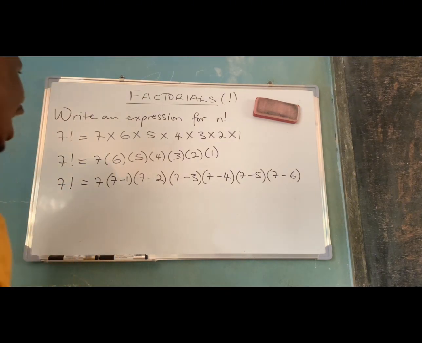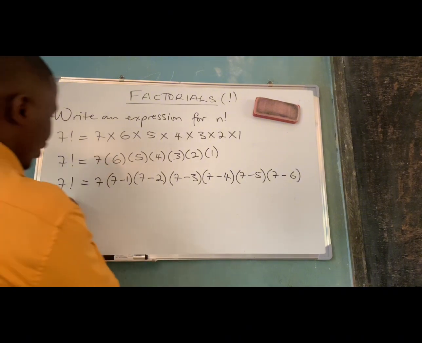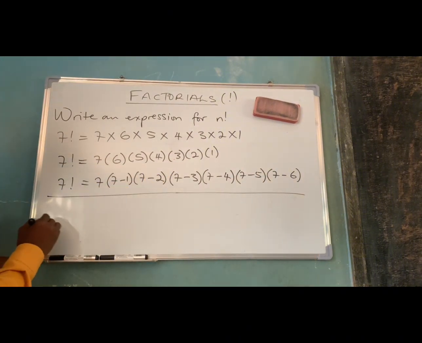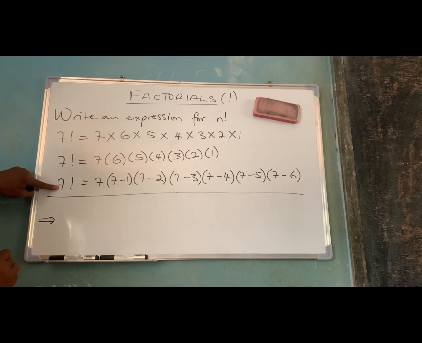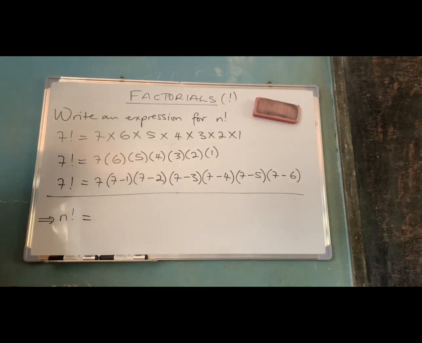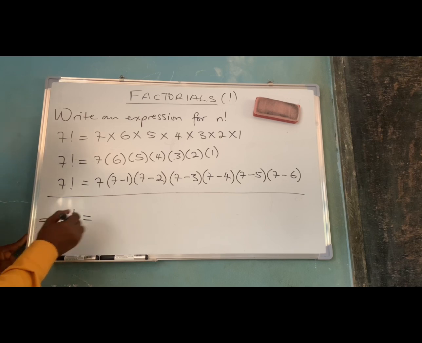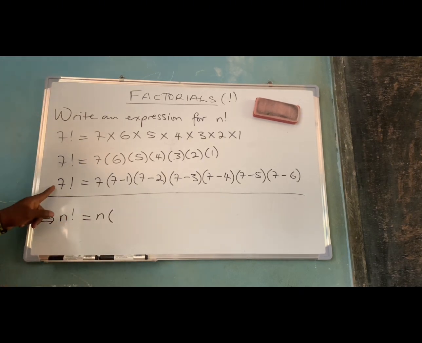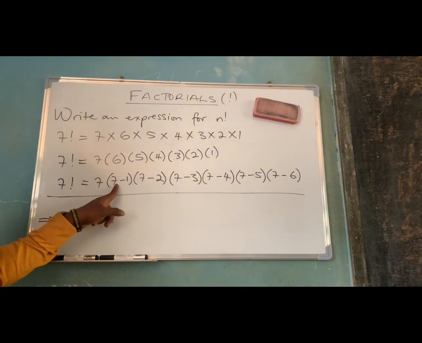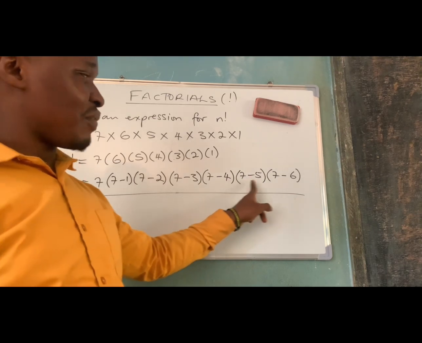Our question is, how do we write an expression for n factorial? From what we've seen here, we can deduce that if this 7 is replaced with n, because we have 7 factorial, we see 7 here. So if this time around we have n factorial, we can write n. In every bracket, the beginning is 7, 7, 7, 7, 7, 7.